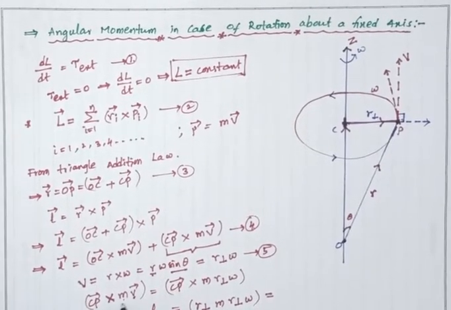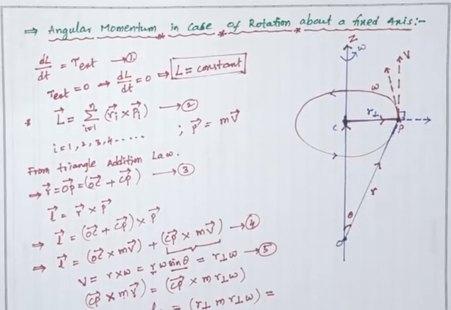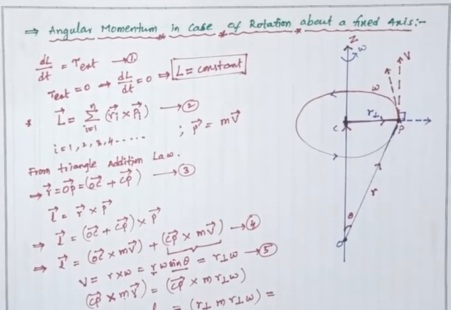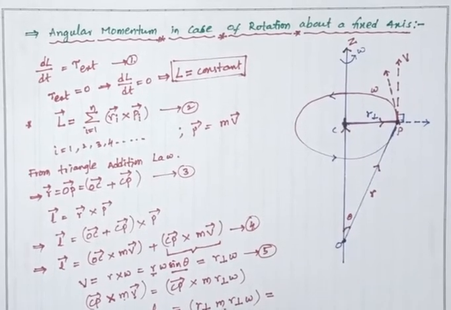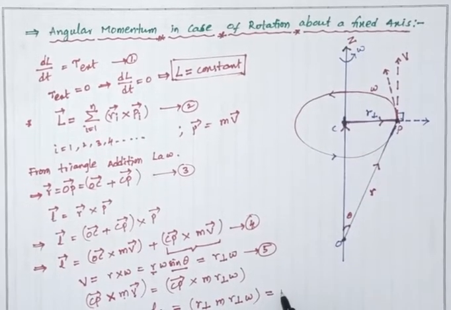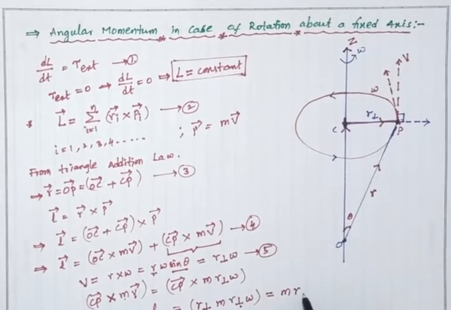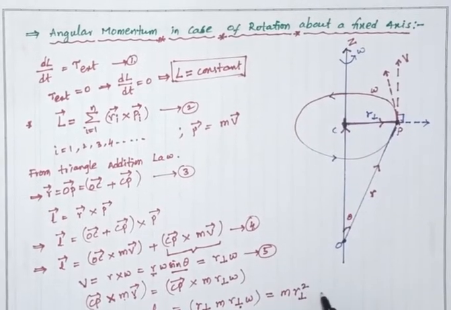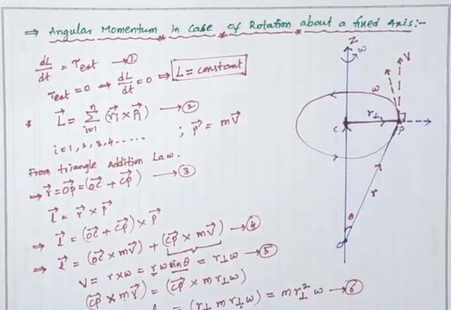CP bar cross mV bar is written as Lz, so Lz equals R perpendicular m R perpendicular omega, which can be written as m R perpendicular square omega. This is equation number 6.